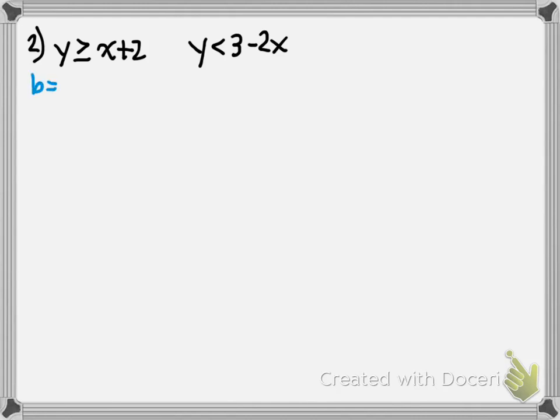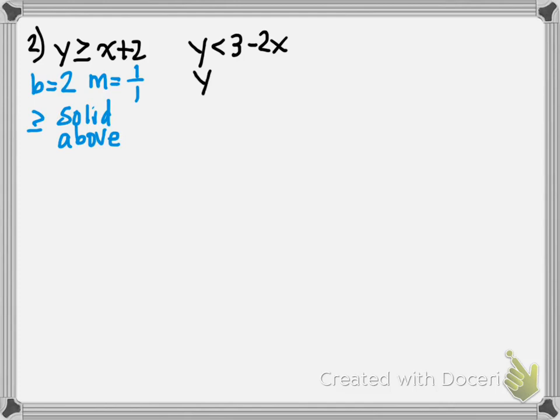The y-intercept is 2. The slope is in front of the x, which is 1, and I'm going to write it as a fraction, so I'll give it a denominator of 1. And the greater than or equal to tells me I'm going to have a solid line, and I'm going to shade above for greater.